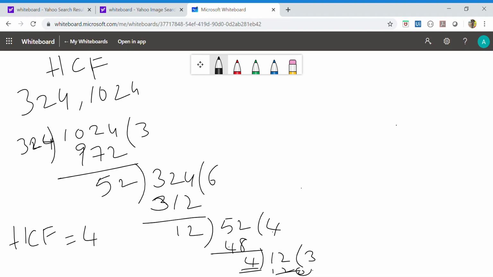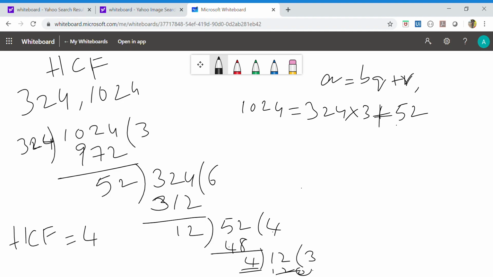So how can you write this as a lemma? We already discussed a is equal to bq plus r. This is the algorithm we call. As a lemma, if you want to write it down, 1024 is equal to 324 into 3 plus 52.